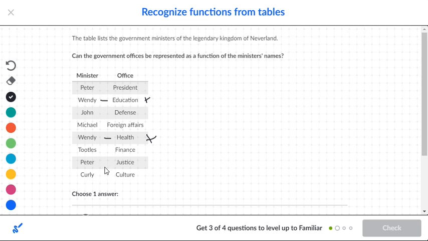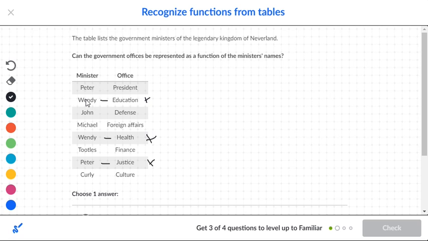You also have Peter again with justice. But see, all these other names are unique. They show up one time, but these show up again with a different office after them.